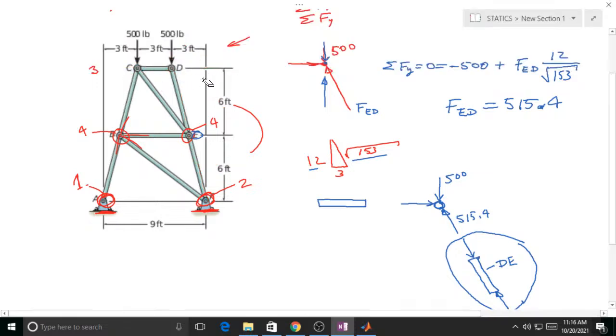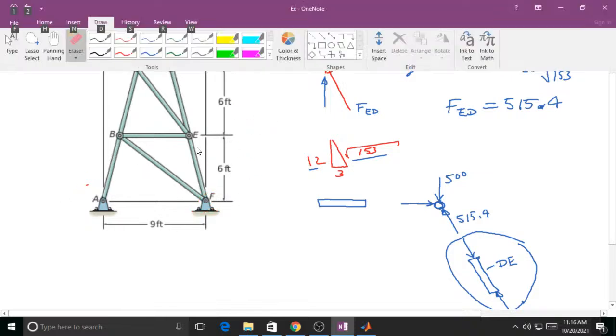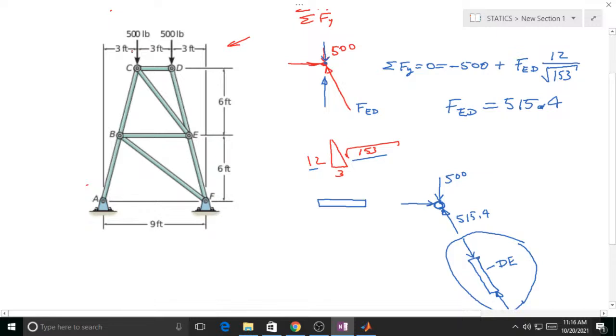If you took this member off, so you're dismantling the thing, this one is right here. This is CD. And once you figure it out, it's going to be compressive. And it's going to be this on the pin C. So this will be pin C with 500.